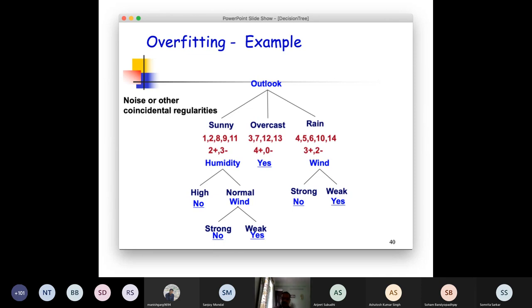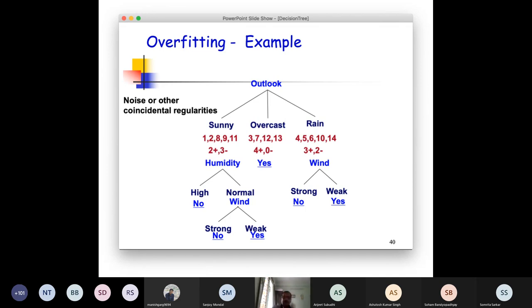We are assuming there is no contradiction in your training examples. But there could be errors, which means even without contradiction, there could be errors of labeling, because you do not have the complete information. Now, as you can see, the tree has grown because of this.